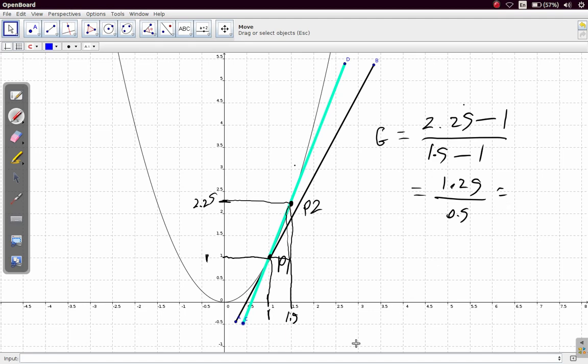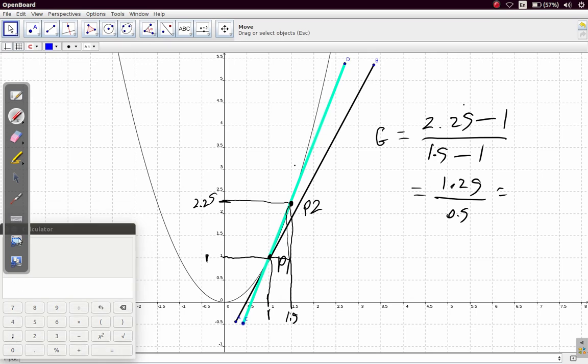1.25 over 0.5. So what we have is 1.25 over 0.5, which is the same as... oh, wrong thing I did. 1.25 divided by 0.5, I should have.